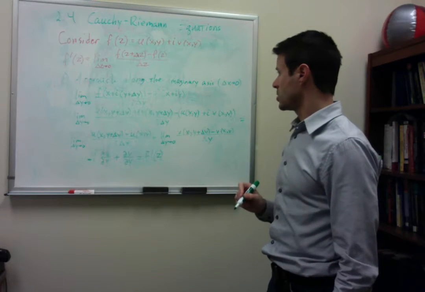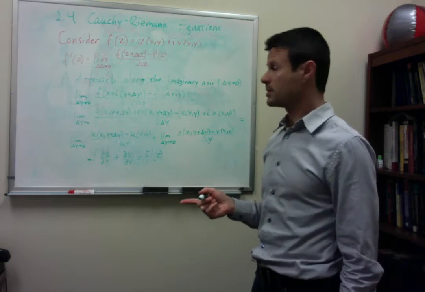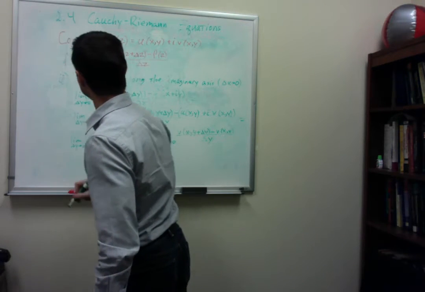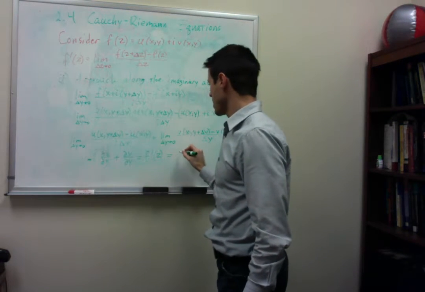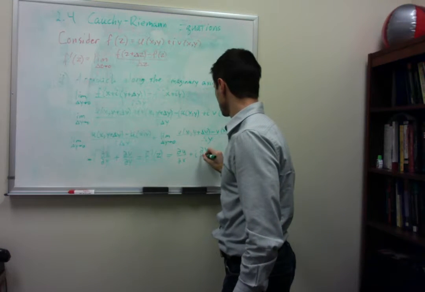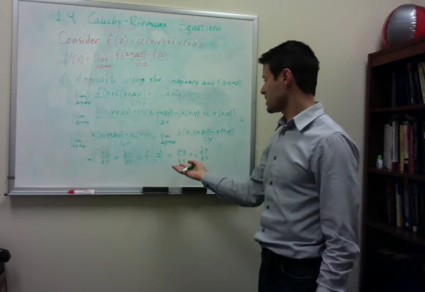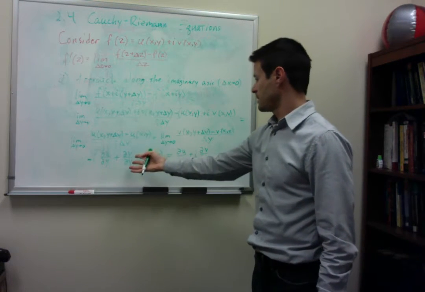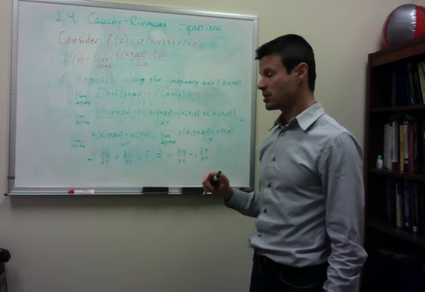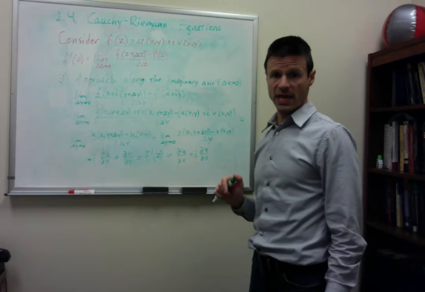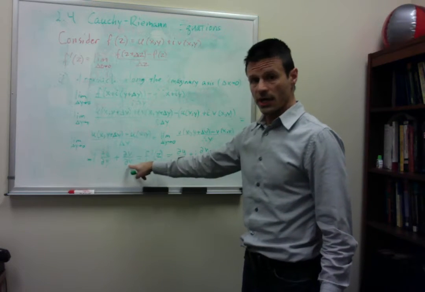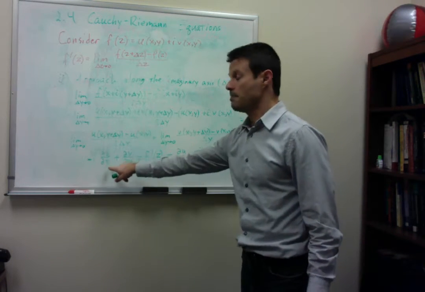Okay, and so if you recall our expression for f prime of z from the previous part, so this is part 2, we had that f prime was equal to du dx plus i dv dx. Okay, and if we simply equate the real part on the left side to the right side, we have one of the Cauchy-Riemann equations. And then if we match the imaginary parts, we have the other equation. So those equations are, you can see here, du dx equals dv dy, and dv dx equals minus du dy.